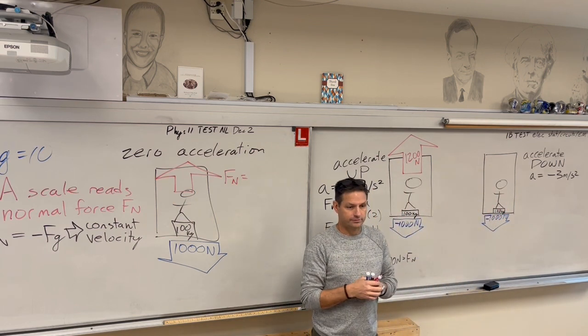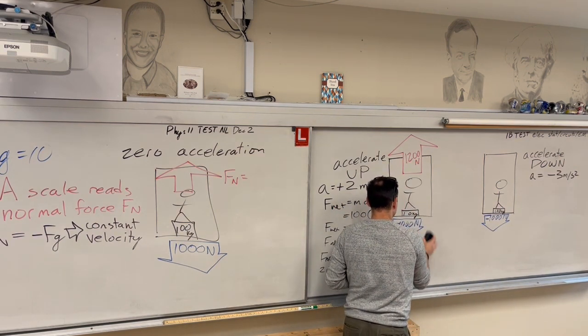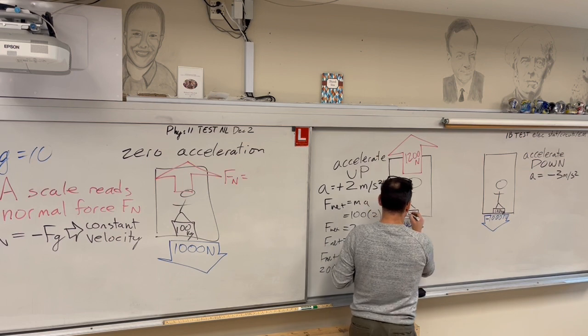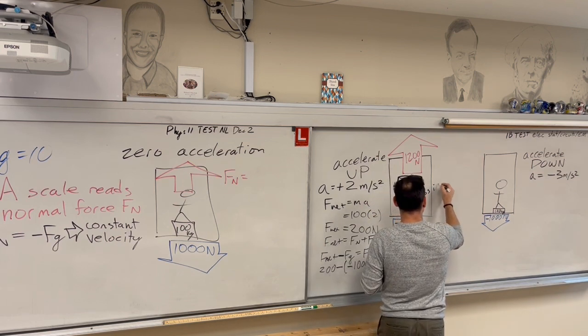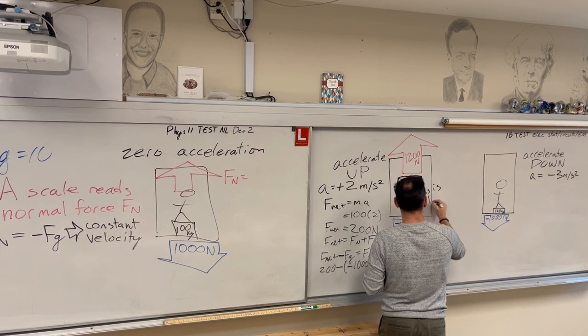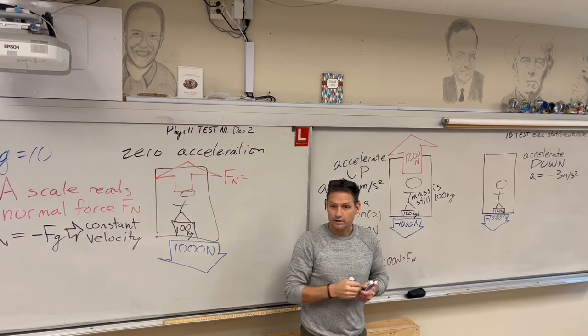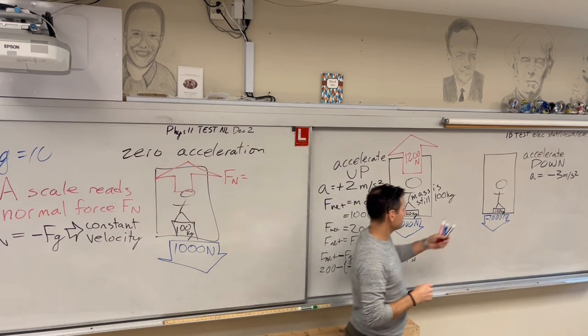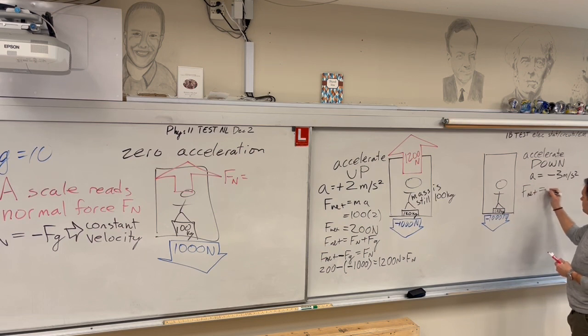Well, you kind of have to. Okay. So my scale here is actually not going to read 100 anymore. Your normal force is going to be 700. What's my net force? Negative 300.